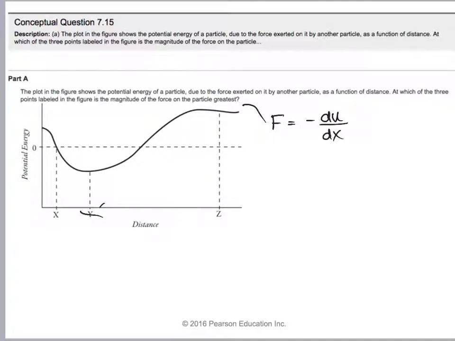We could eliminate point y because the slope there is roughly 0. And also, as I look at z, the slope of that graph is very small at that location, and so then the slope would be greatest at point x, and so that would be my choice for this particular question.